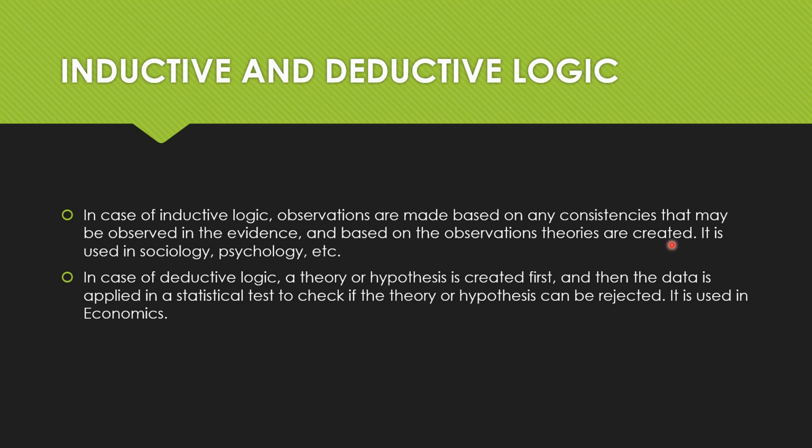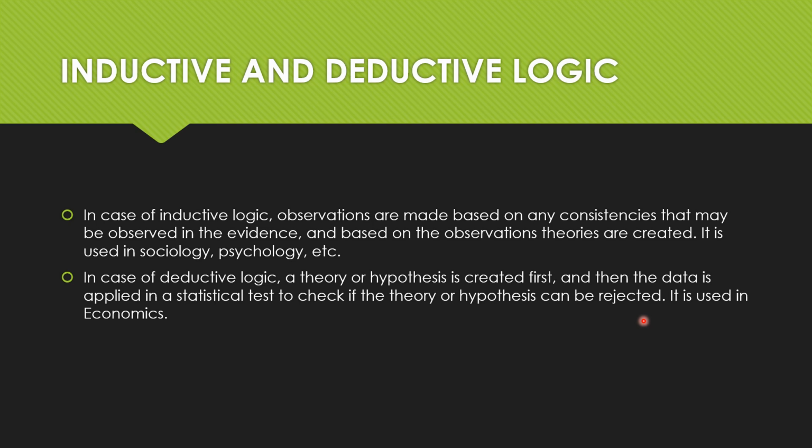In the case of deductive logic, it is the opposite. First a theory or a hypothesis is created, and then the data is applied in a statistical test to check if the theory or hypothesis can be rejected. Let's take the same example.